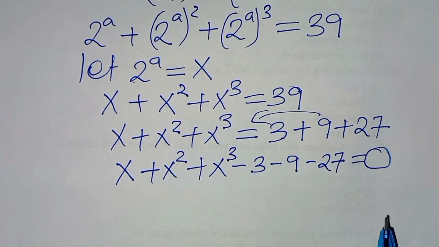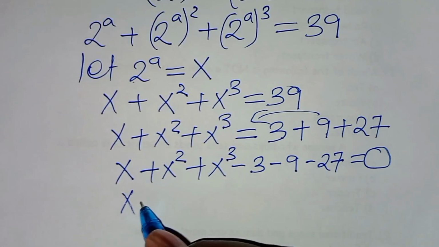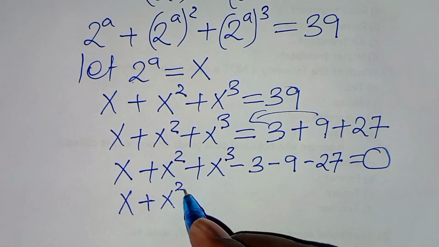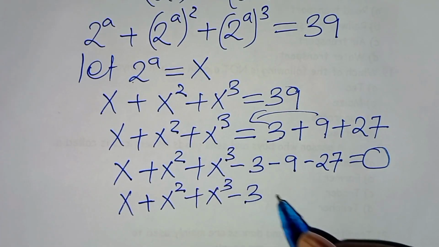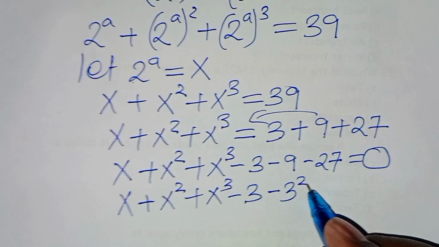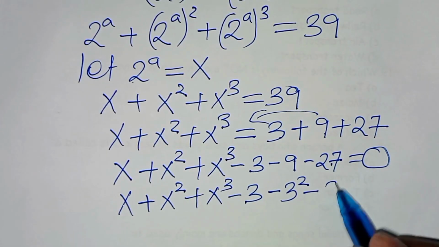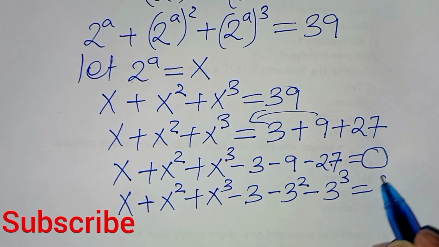Now the next step here, we can express this again as x plus x to power 2 plus x to power 3, subtract 3, subtract 9. We can express 9 as 3 to power 2, and 27 as 3 to power 3. This is equal to 0.